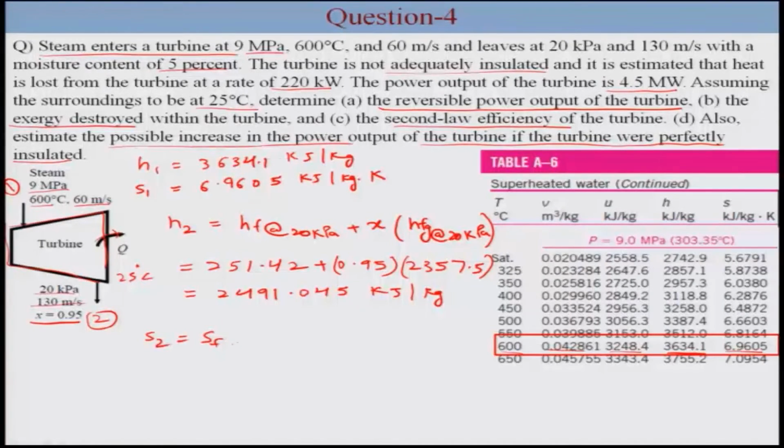which is equal to sf at 20 kilopascal plus x multiplied by sfg at 20 kilopascal. So this is equal to 0.832, as shown earlier in the table of saturated water.